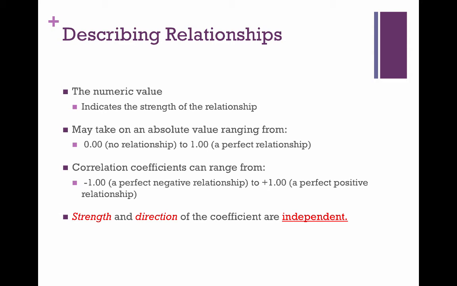A numeric value of 0 would mean no relationship. A value of 1 would mean a perfect relationship. If it's a negative 1, that's a perfect negative relationship. If it comes out to positive 1, then it's a perfect positive relationship. And the strength and the direction of the coefficient are independent of one another.